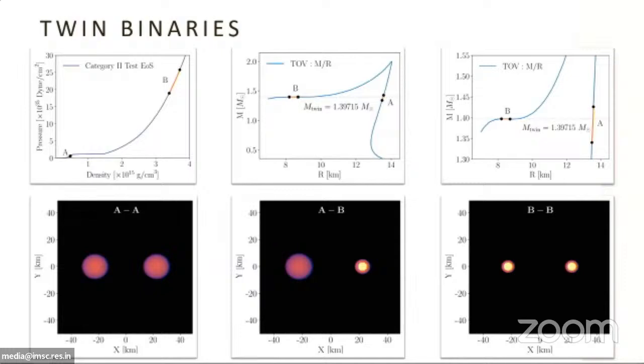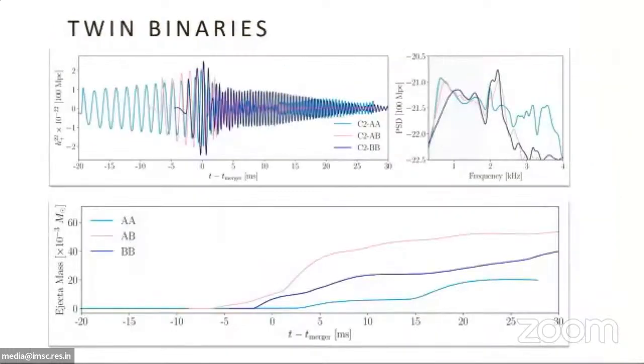And then if I take two stars from this, they are completely different. If I now do this analysis, you can see that the peaks are completely different. These peaks are completely suppressed. Okay, and again, the dynamical ejected mass is completely different. So this is one of the ways of differentiating twins.